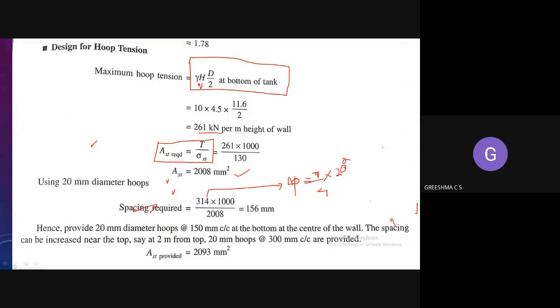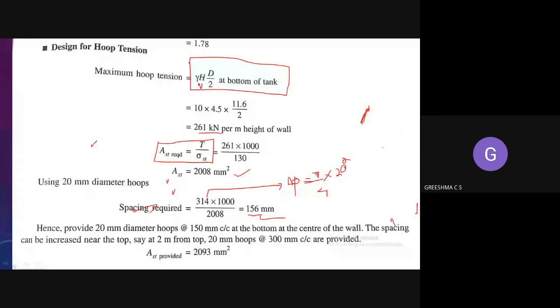156 mm, it's your choice. Either you can round it to 150 or you can round it to 160. You can do it however you like. 156 is as per the designer. If you want 160, you can provide 160, or if you want to provide 150 mm, that is also fine, because there is only a 6 mm difference.